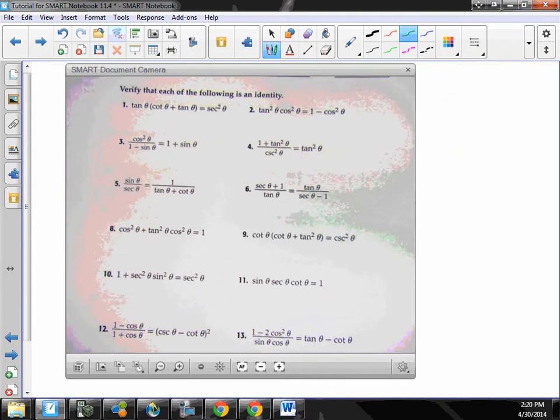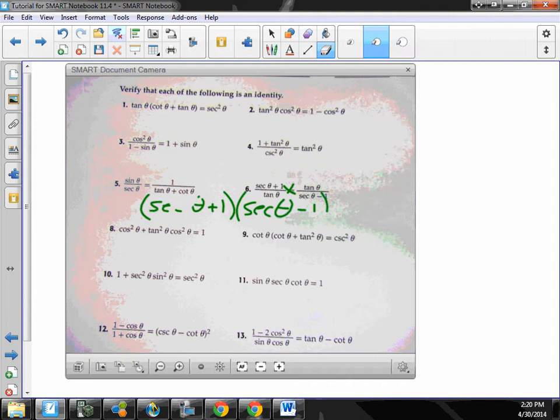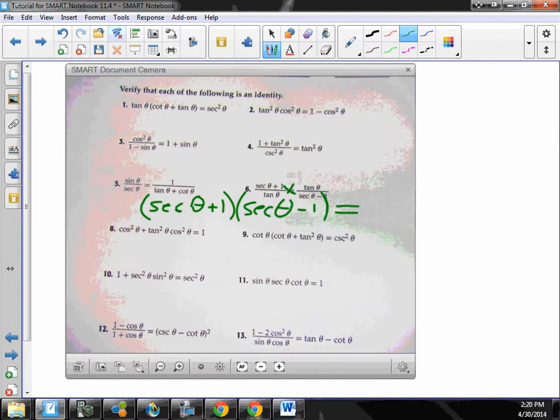So we cross multiply: secant of theta plus 1 times secant of theta minus 1. Oh wait, there's no squared. Equals tangent squared. And eventually I just stop writing the thetas, because there are too many of them.